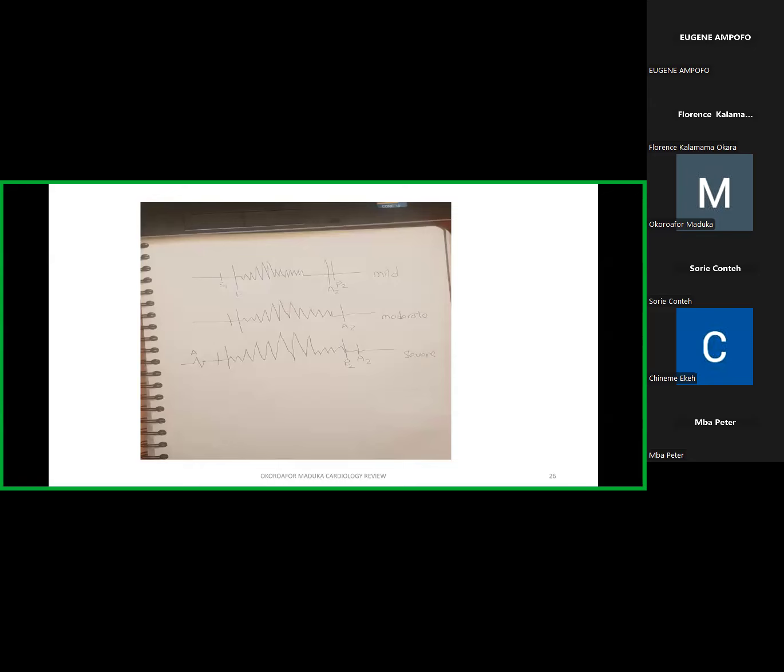But when a patient has aortic stenosis, especially when it becomes really severe, the prolonged systolic ejection phase will cause a delay in closure of the aortic valve. And so the aortic valve could close at the same time as the pulmonary valve, so you hear a single sound, or it could close a bit after the P2.